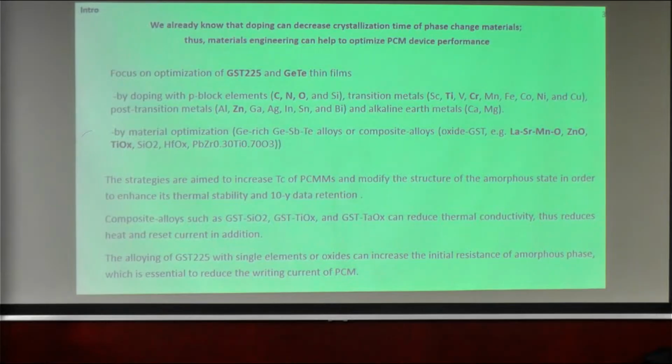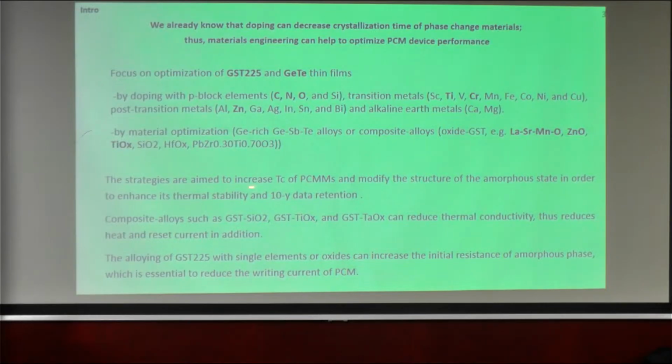And in all cases, the strategy of this doping or material optimization by composite formation aims to increase TC, so to stabilize the amorphous phase of GST materials, which is still an issue, and also to modify the structure of the amorphous state to enhance the thermal stability and then data retention, which is still an issue.